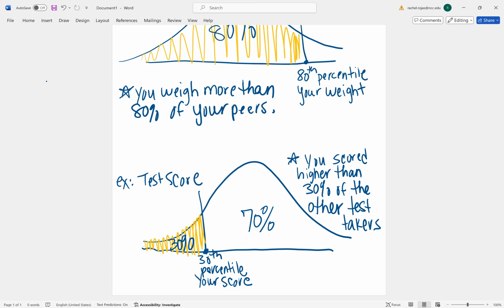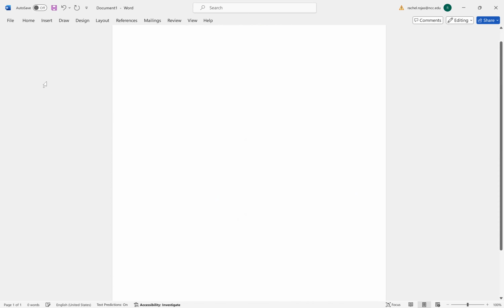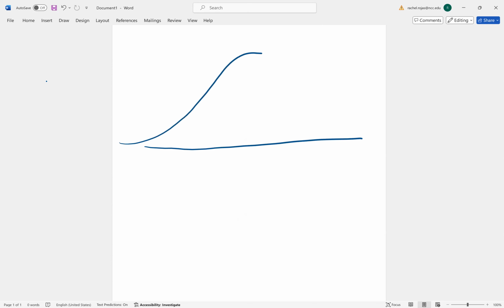Whatever the cut mark is, so for example, the 30th percentile, the area to the left is 30%. If we're talking 80th percentile, the area to the left is 80%. So let's put this in perspective.